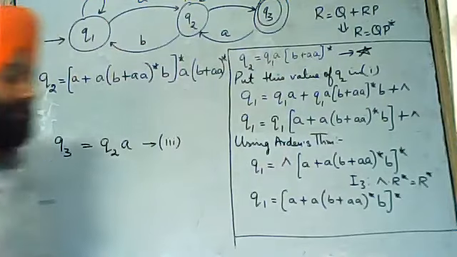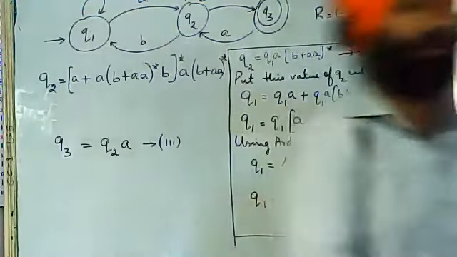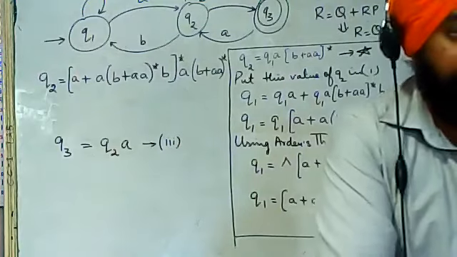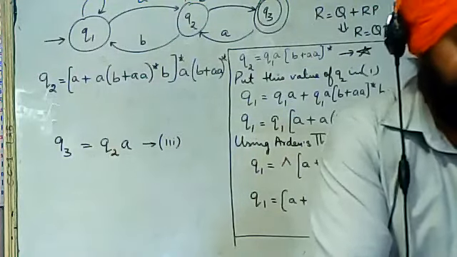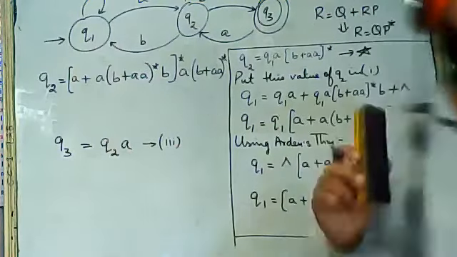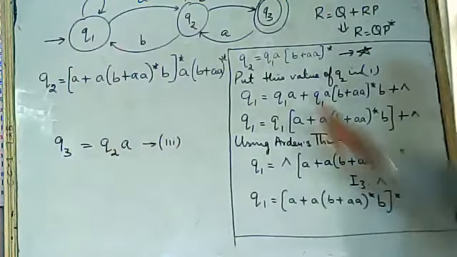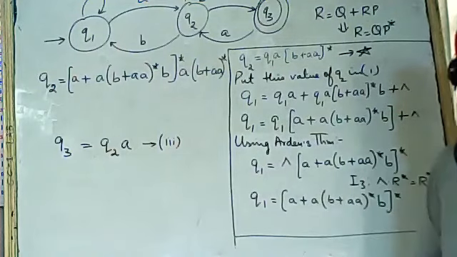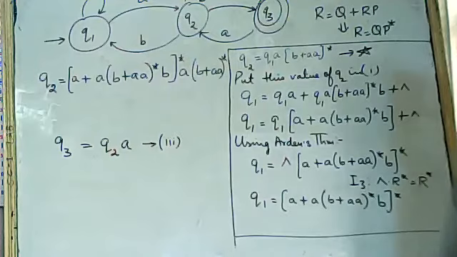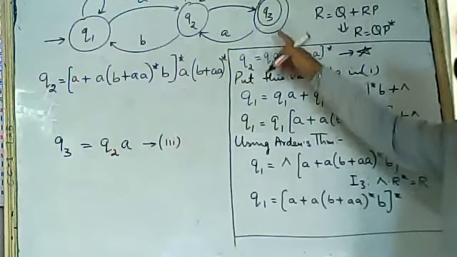Why am I doing all this? Because we have to find the regular expression. So your regular expression should not consist of any state. It should have only terminals, right? So your final answer should be in Q3.